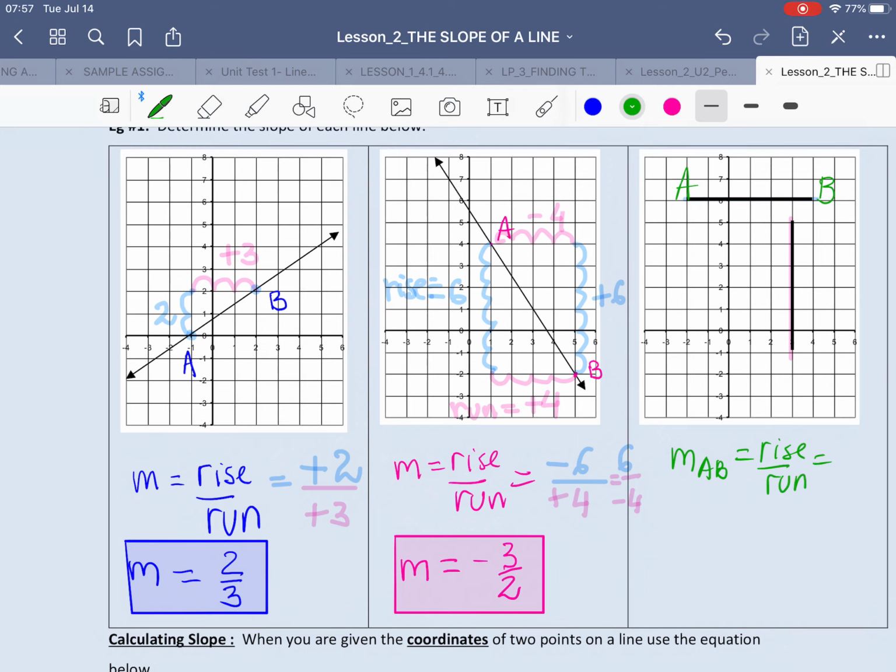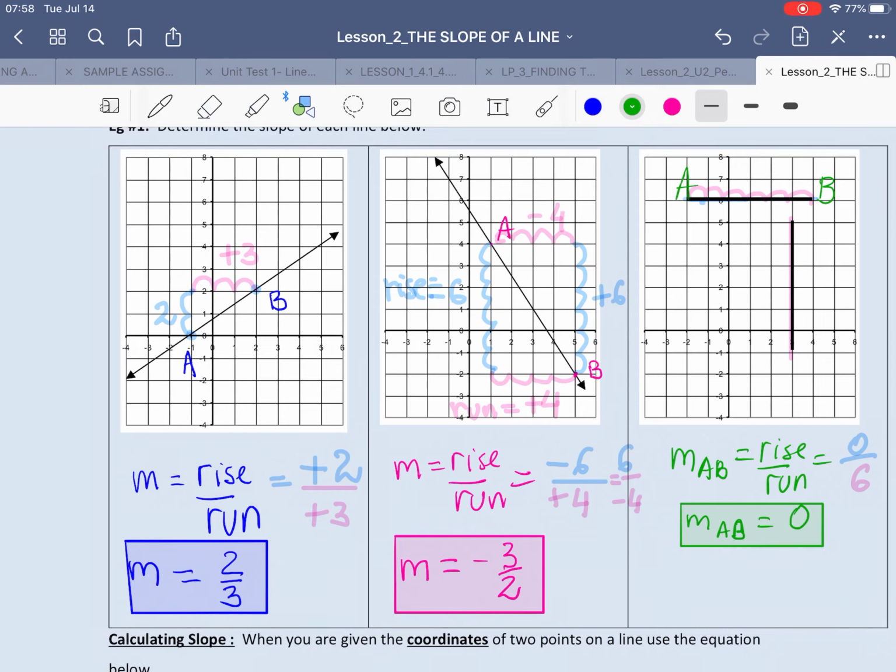Think how much you have to rise from A to B. You don't need to rise at all from A to B because it's a horizontal line, so we'll write 0 rise. For the run, we say 1, 2, 3, 4, 5, 6, so over 6. In this case, we say that the slope of AB is 0/6 or 0. And with this, we're done finding the slope of AB.